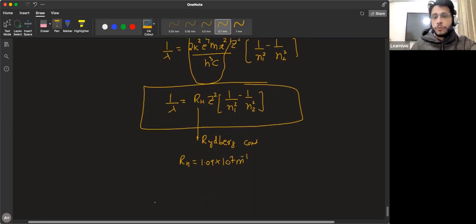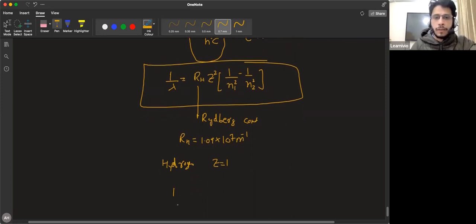If you want to calculate exactly for hydrogen, when you take hydrogen, Z comes out to be 1. So when you put Z equal to 1, we have 1 by lambda is RH, 1 by n1 square minus 1 by n2 square.